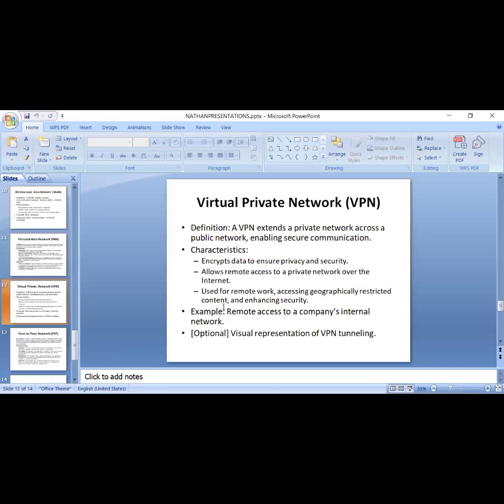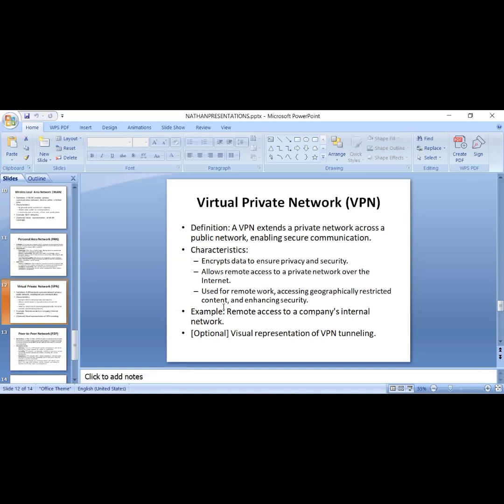We also have the VPN, or virtual private network. A VPN extends a private network across a public network, enabling secure communication. One of the characteristics is that it allows remote access to a private network over the internet. It's also used for remote work, accessing geographically restricted content, and enhancing security.